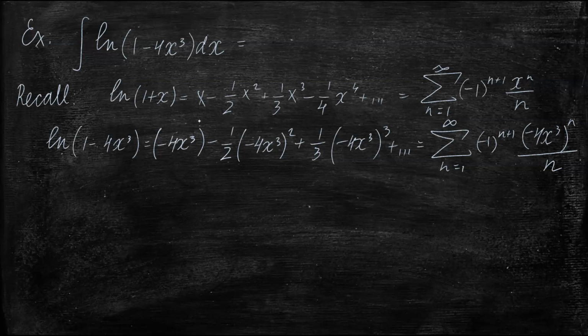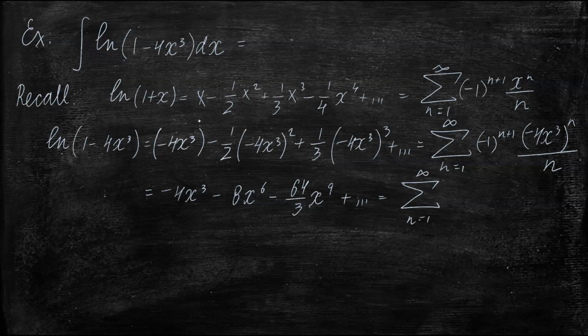And while integrating the original function may not be an option, we can definitely integrate this series. So let me just finish writing this out. 8x to the 6 minus 64 thirds x to the power 9, etc. The general term, let's see if we can write it out.